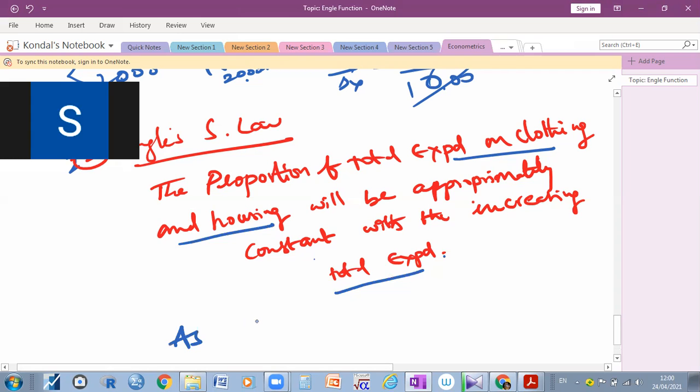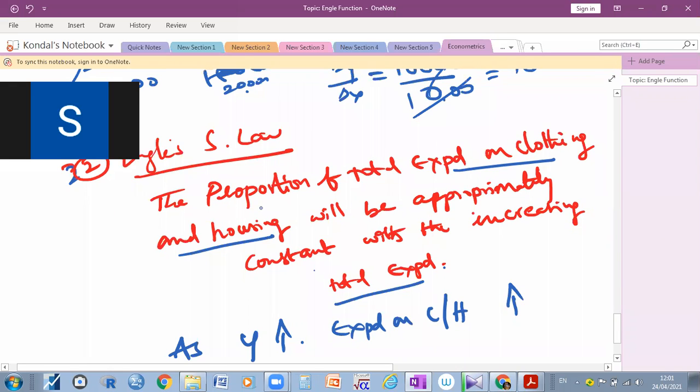As the total expenditure increases, the expenditure on clothing and housing increases. Generally, when your income increases, you spend more on clothing and housing, right? But the proportion of total expenditure on clothing and housing will be approximately constant.